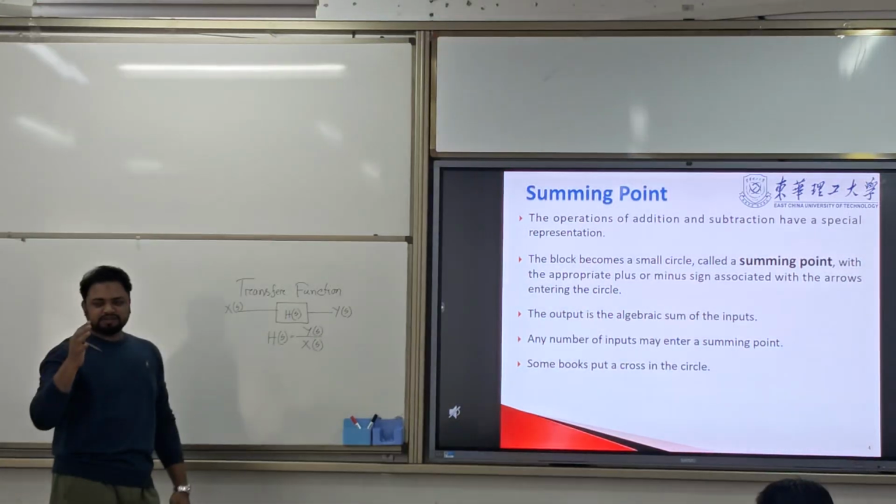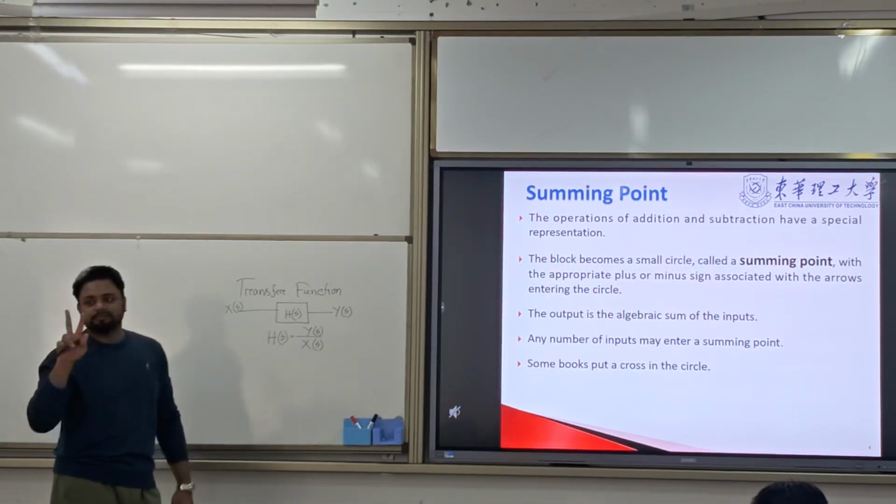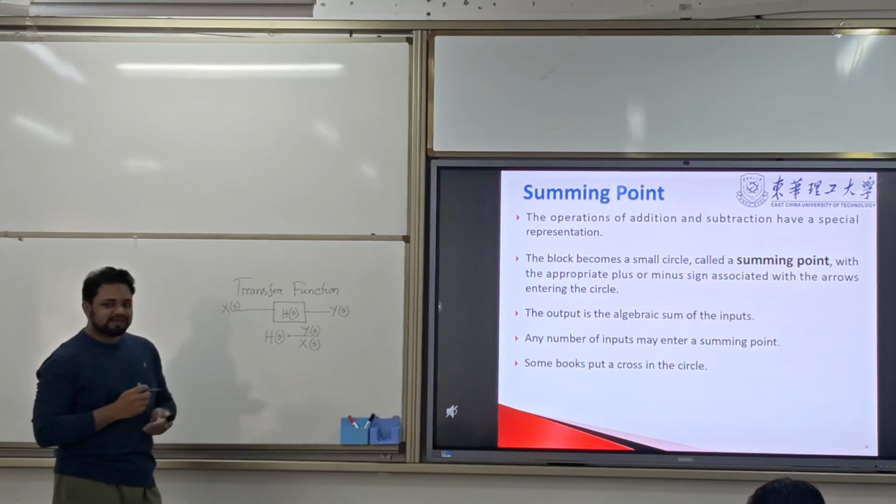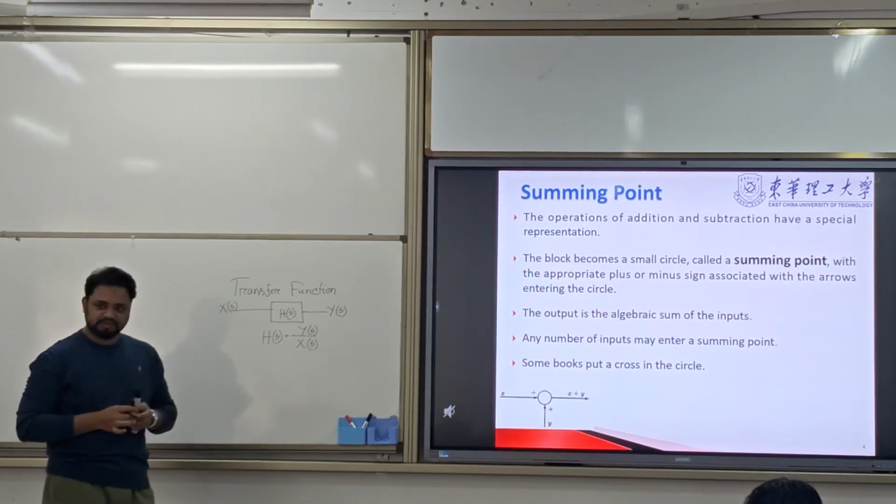In a block diagram representation, there are two important points we need to understand. One we call the summing point. What does a summing point look like? Look at this.